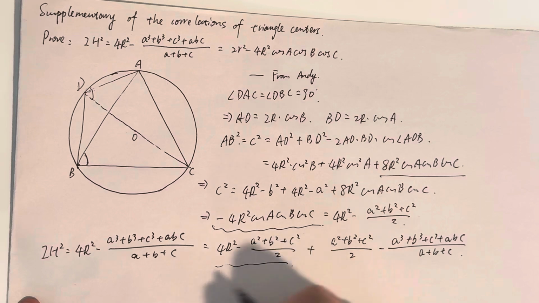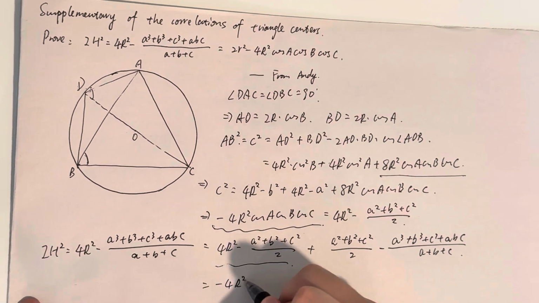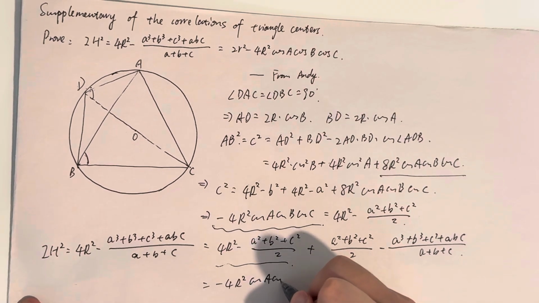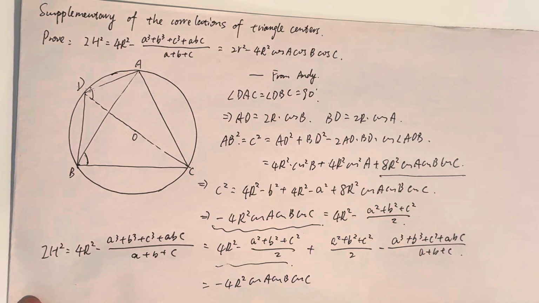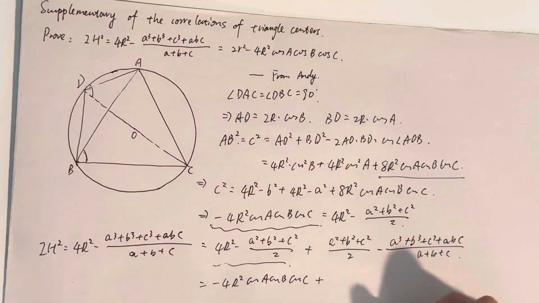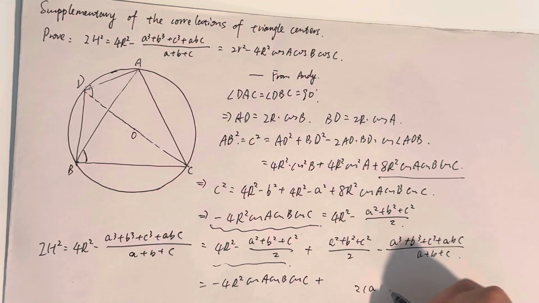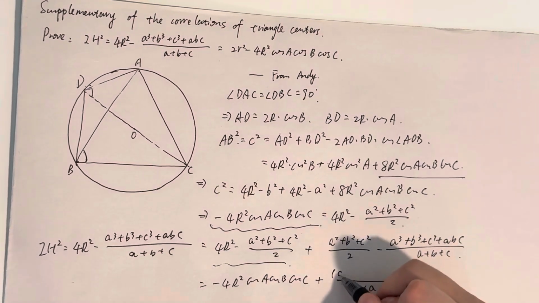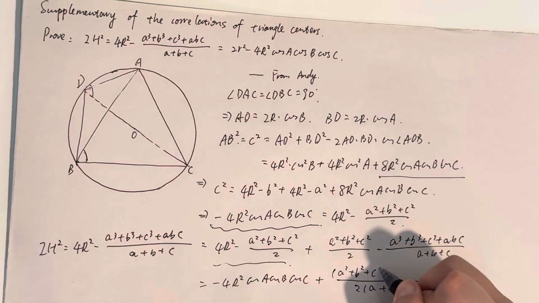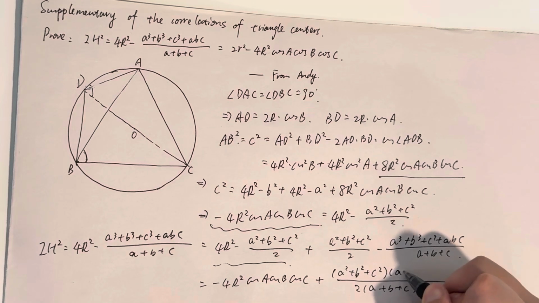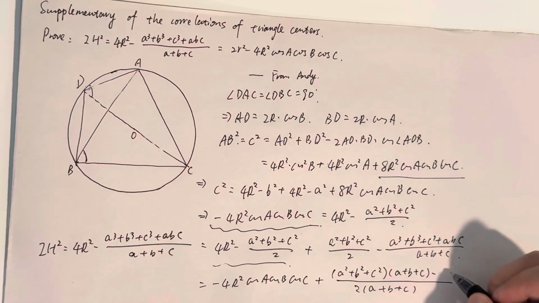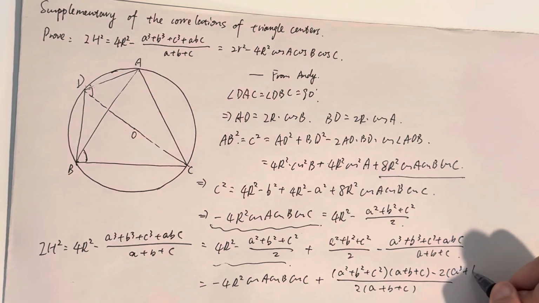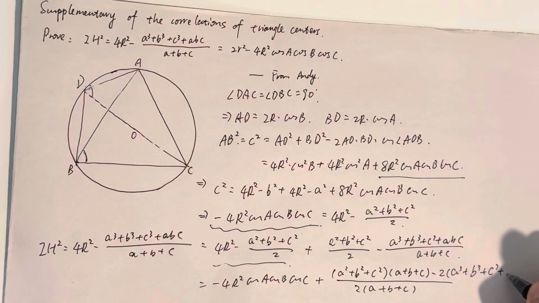So the first one equals minus 4R squared cosine A cosine B cosine C. And the rest can be rewritten as 2 times (a plus b plus c)(a squared plus b squared plus c squared) times (a plus b plus c) minus twice of (a to the power 3, b to the power 3, c to the power 3) and abc.